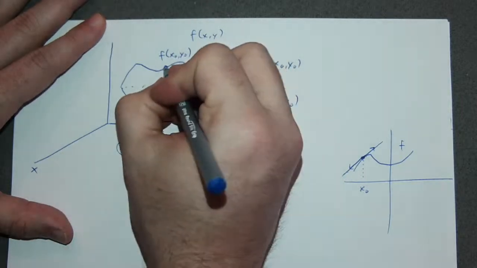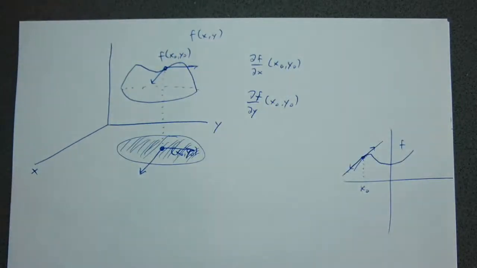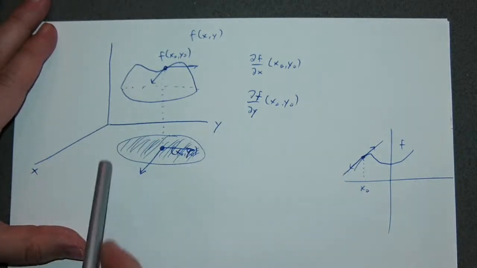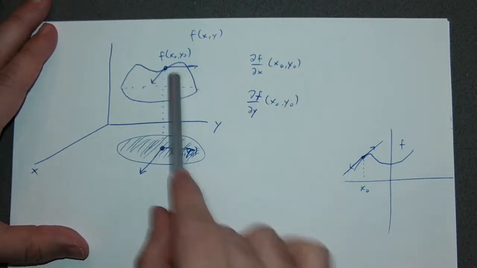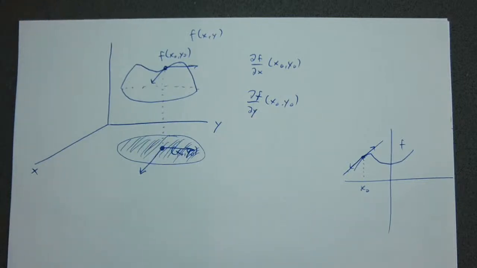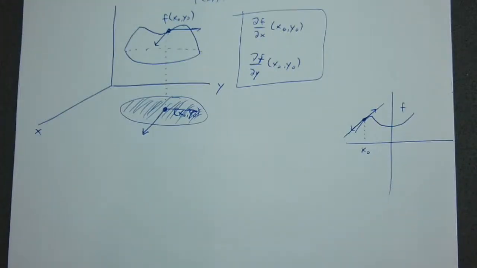And so what is being computed is the rate of change with respect to those directions. As you might expect, the rate of change in the direction of the x-axis is computed by the x partial, and the rate of change in the direction of the y-axis is computed by the y partial. And so that's intuitively what's going on.